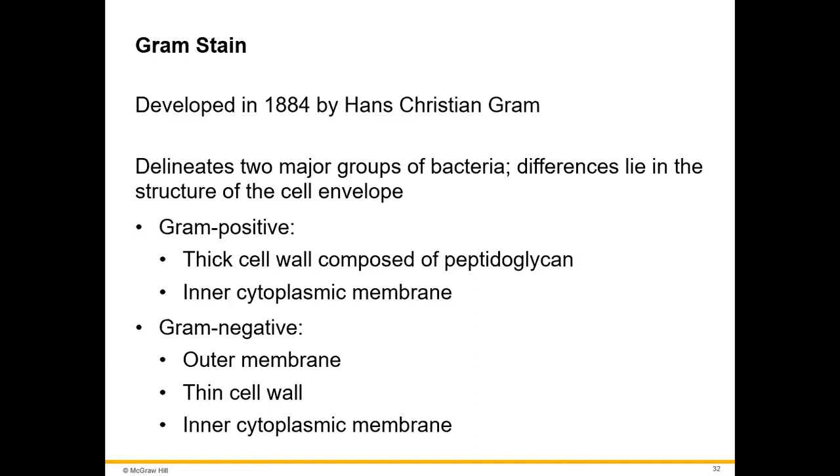Bacteria, of course, have an inner cytoplasmic membrane. The Gram-negative have an outer membrane, the lipopolysaccharide layer. They have a thin cell wall, and they also have a cytoplasmic membrane.